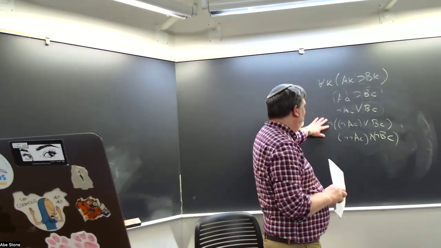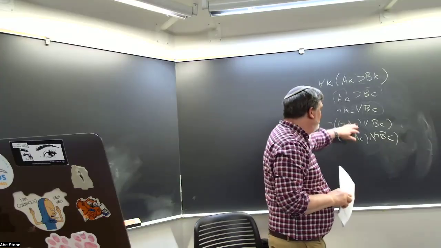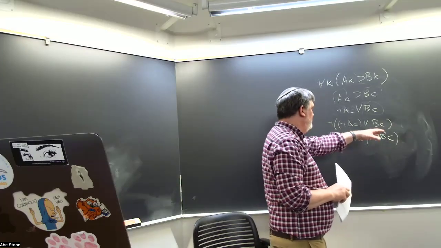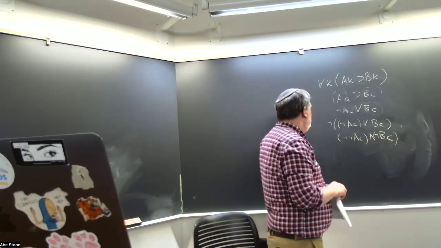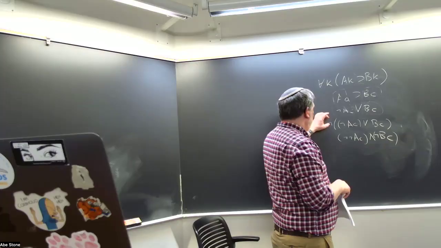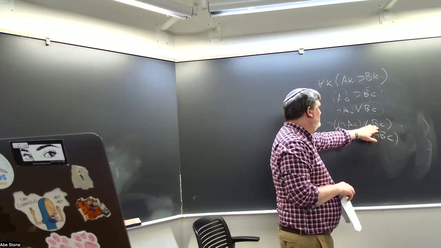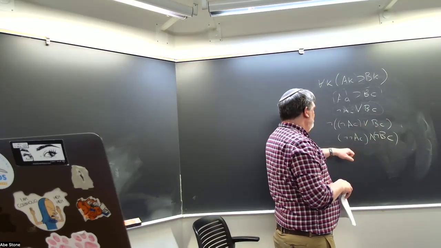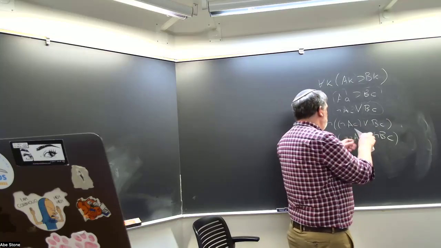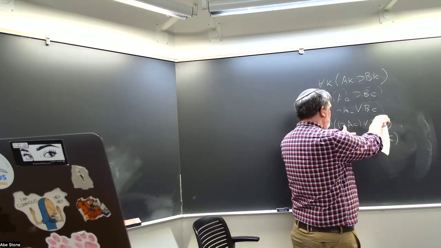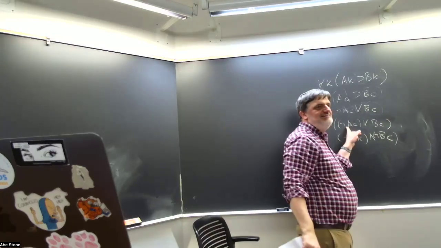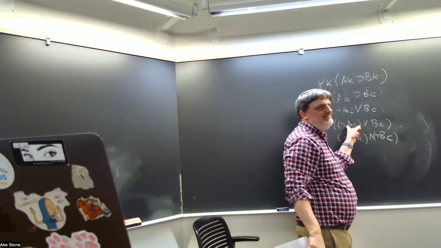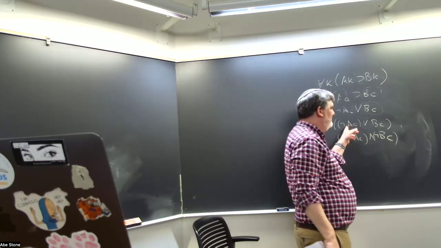De Morgan's law, I think. When you distribute the negation over the disjunction, it changes into a conjunction. So not this or this means that in order for it not to be true that this or this, it has to be true both that not this and not this. Maybe that wasn't helpful.